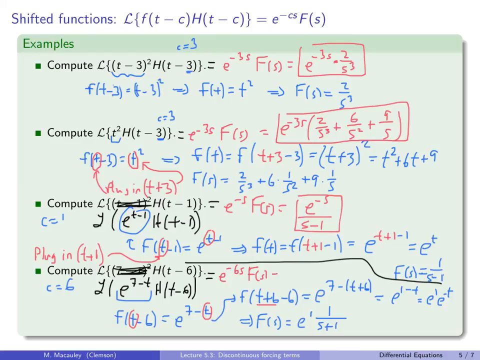And so that is e to the minus 6s times e to the first times 1 over s plus 1. Let me move this thing down here and simplify that a little bit. So I can write this as e to the 1 minus 6s times 1 over s plus 1. And that is our final answer.